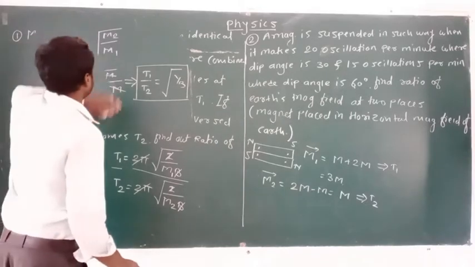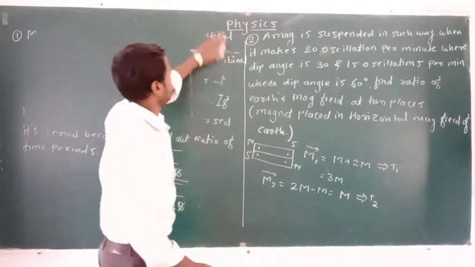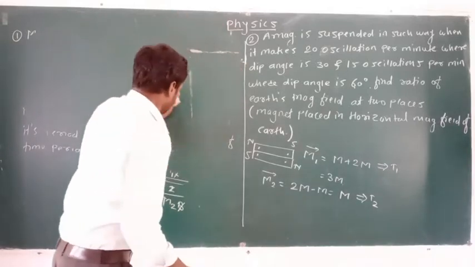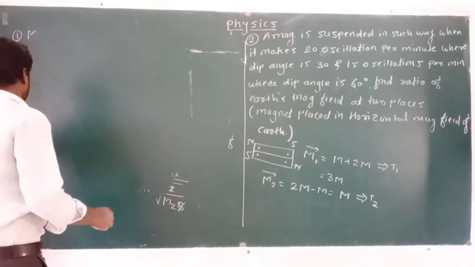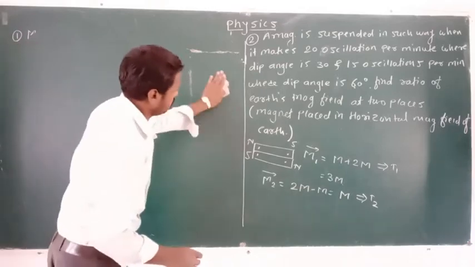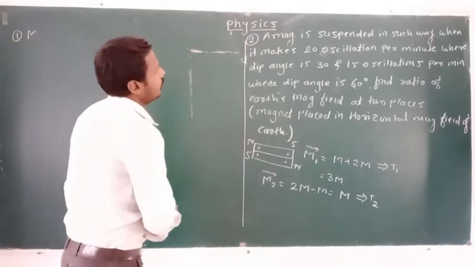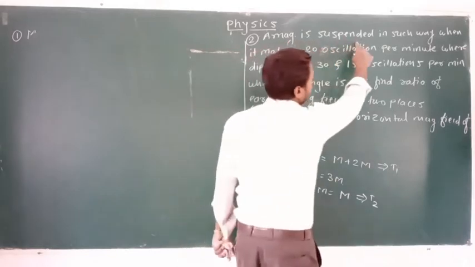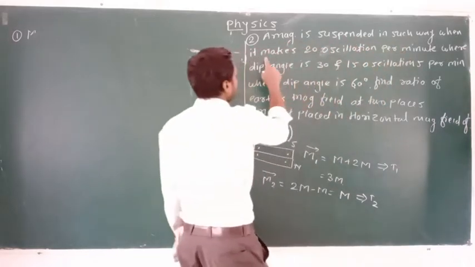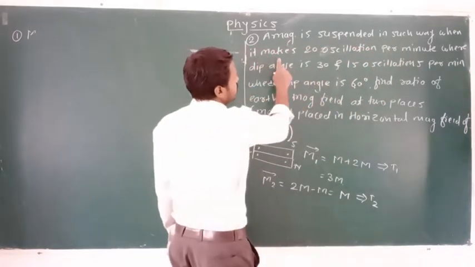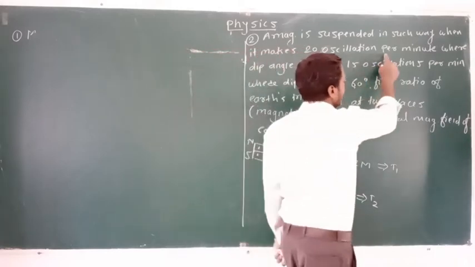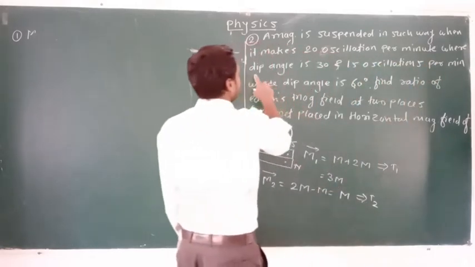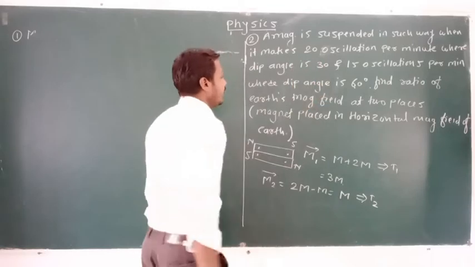Now in the next problem, a magnet is suspended in such a way that it makes 20 oscillations per minute where dip angle is 30 degree.